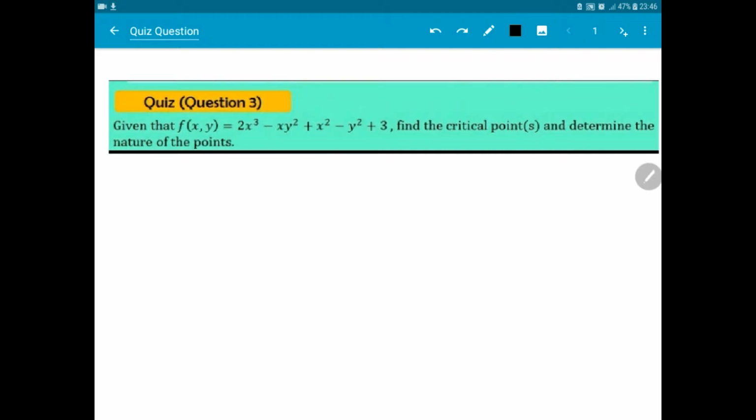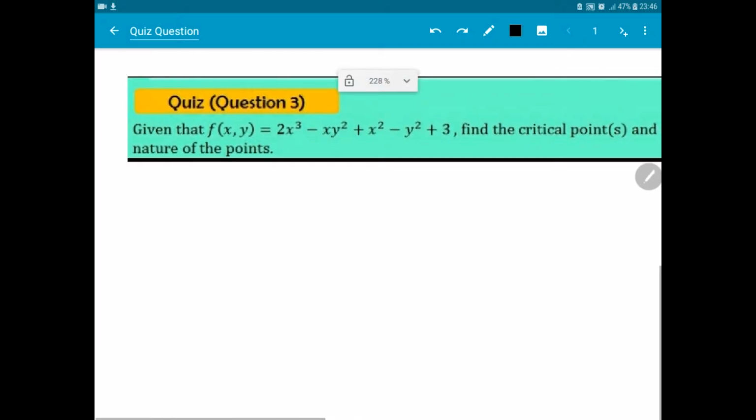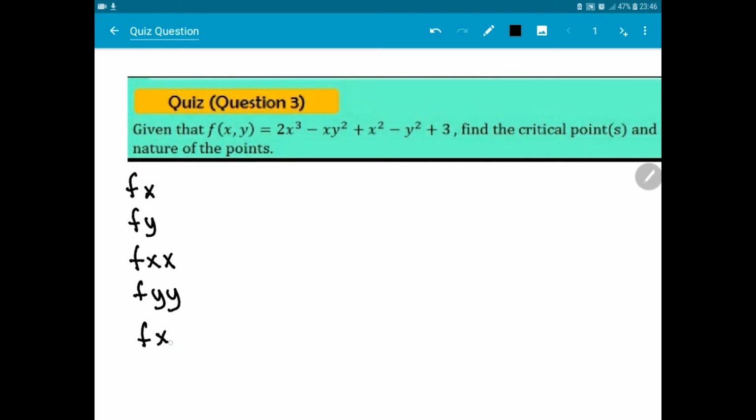The nature of the point is whether the point is maximum, minimum, saddle point, or no conclusion. So in order to get this, we need to find fx, fy, fxx, fyy, and fxy, which is equal to fyx.